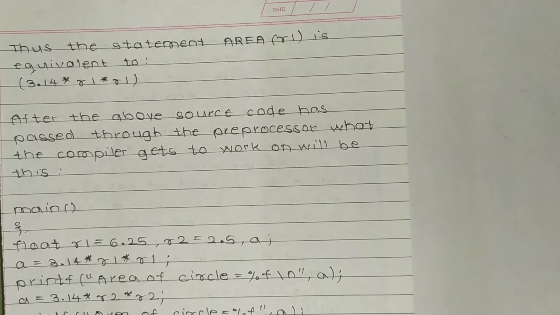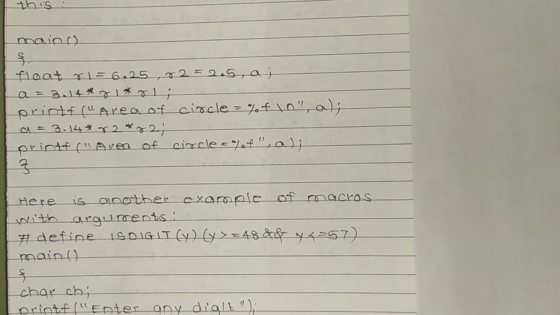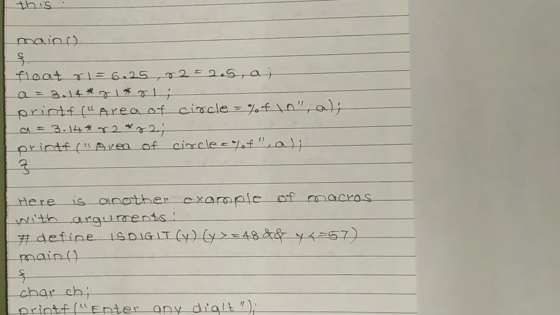After the above source code has passed through the preprocessor, what the compiler gets to work on will be this. main: float r1 = 6.25, r2 = 2.5, a. So here we are getting that r1, r2 and a are float.